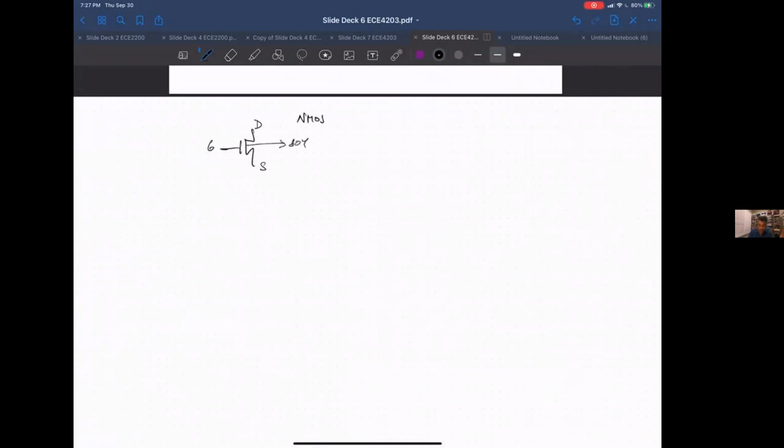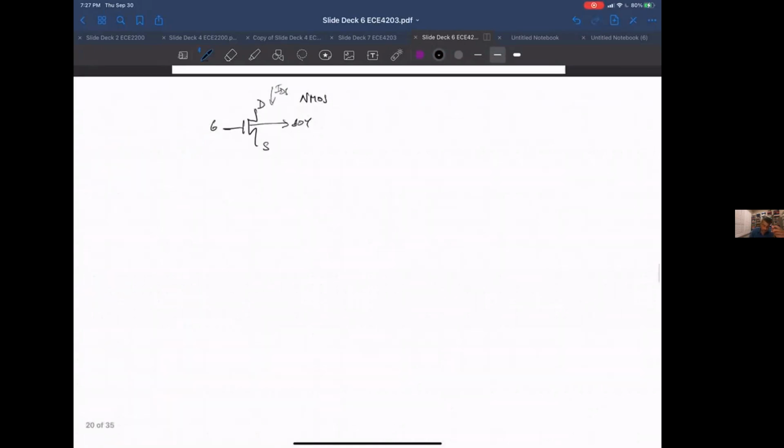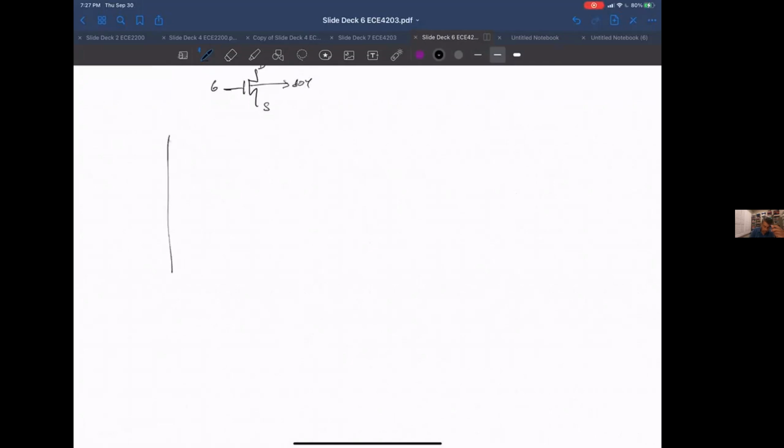So it means that if we want to look at the relationships between the current and the voltages, we really need 2 two-dimensional graphs. One of them is VDS versus IDS, and the other one is VGS versus IDS.